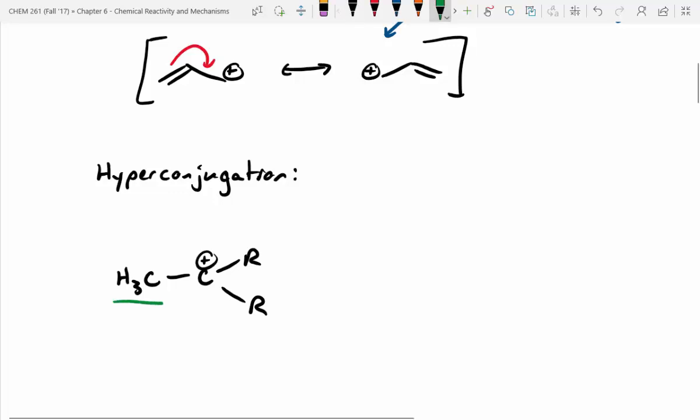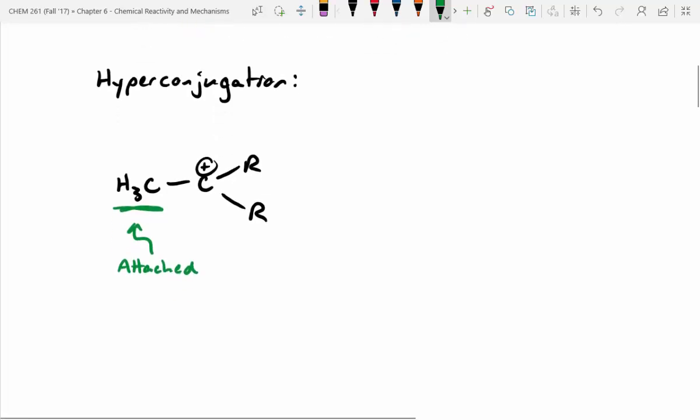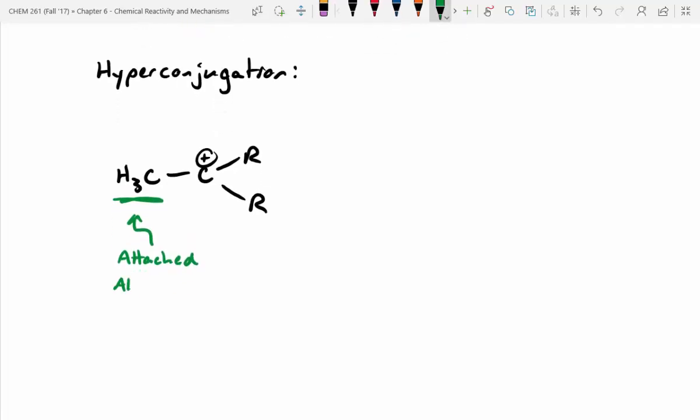What hyperconjugation says is that this attached alkyl group is stabilizing. Which makes sense because we know tertiary groups have 3 alkyl groups, and that's more stabilizing than if you only have 2, and that's more stabilizing than if you only have 1.